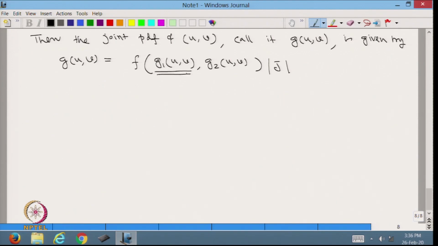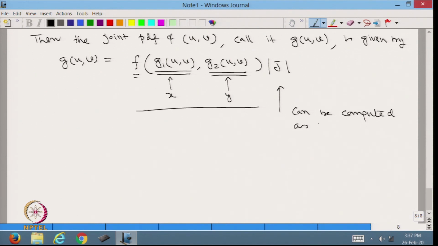So, note that this is actually corresponding to x and this is corresponding to y. Thus, f of this thing makes sense and J can be computed as explained earlier.